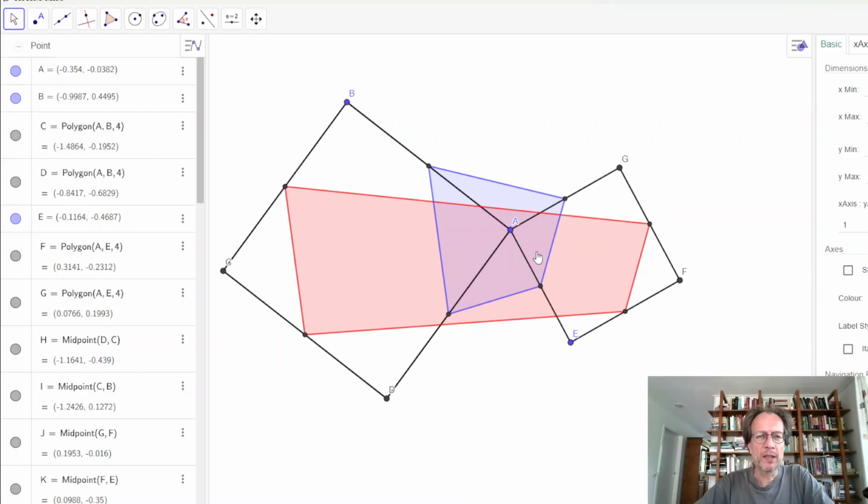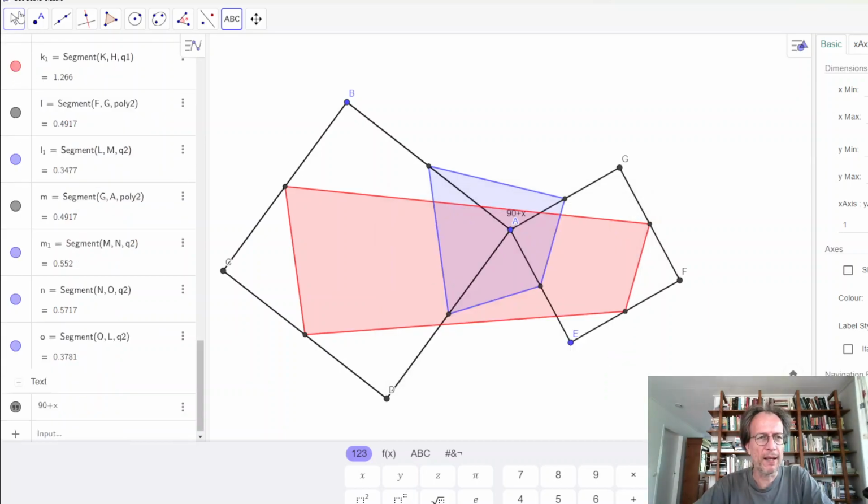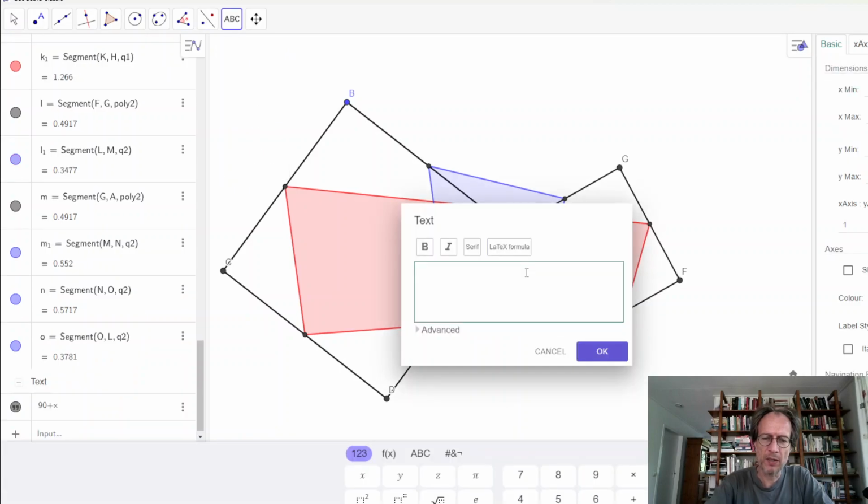And I'm going to place some angles. For convenience, let's say that we have here the angle 90 plus x, and it will become clear later why that is handy. Well, here we have 90, here we have 90, so that leaves that angle to be 90 minus x.